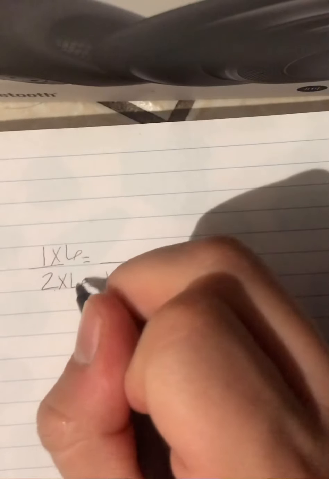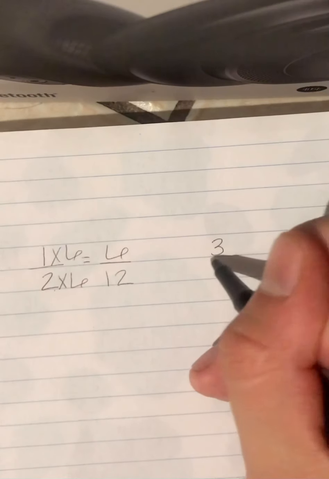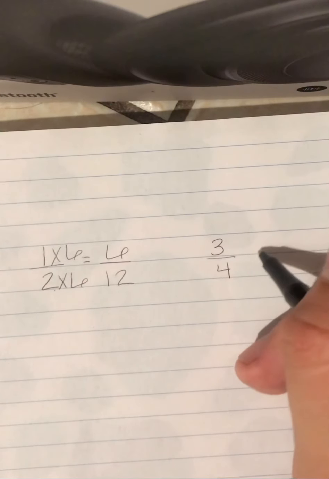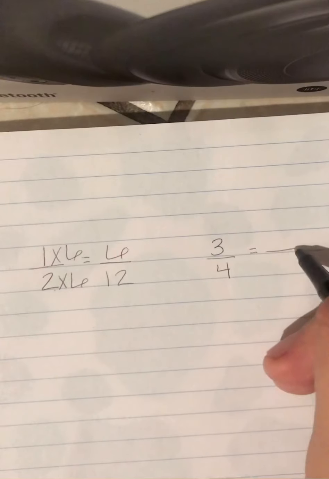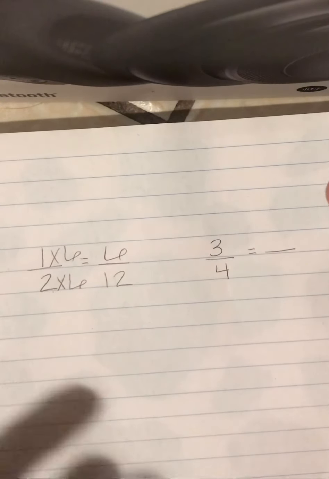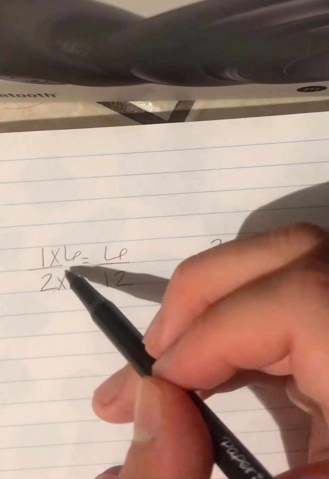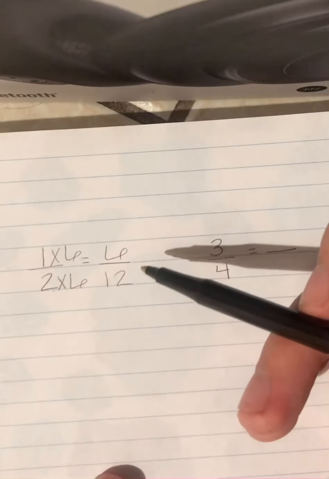Whatever I do to the bottom, I have to do to the top. It's a rule in math. Based on time, I will not go over it, but just know that whatever you do to the bottom, you do to the top, and the same thing goes for whatever I do to the top, I do to the bottom. So my new fraction is 6 over 12. My equivalent fraction to 1/2 is 6 over 12.